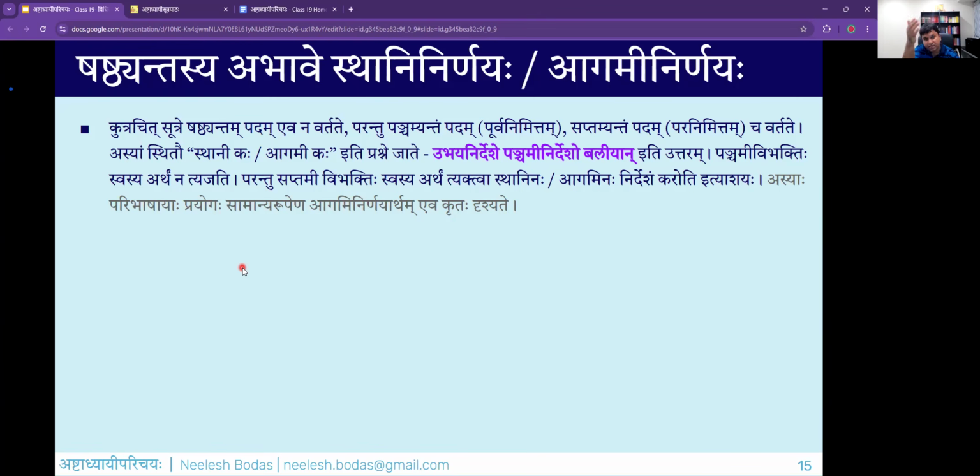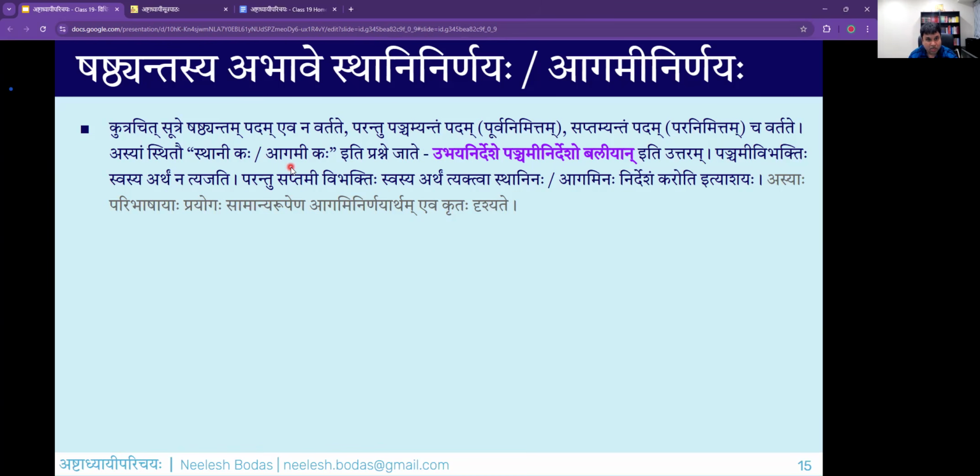Panchamyanta, either it is already present or it can be brought in, or saptamyanta padam is also possible to be brought in. So kutrachit sutre shashtyantam padameva na vartate, parantu panchamyanta padam asti. So there is a purva nimitta, saptamyanta padam api asti, paranimitta, but you don't know who is the sthani. So sthani kaha, agami kaha iti prashnaha tatra udeti.